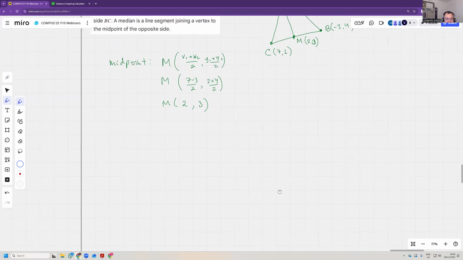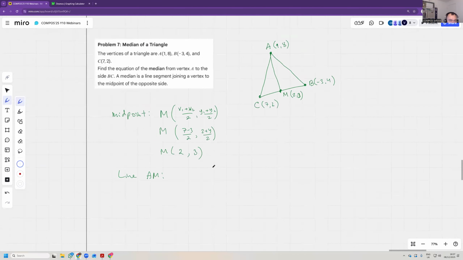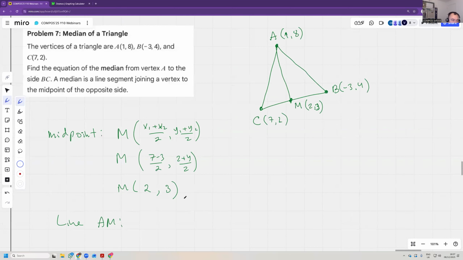And so line AM, we're going to use the formula y minus y1 divided by y2 minus y1 is x minus x1 divided by x2 minus x1.